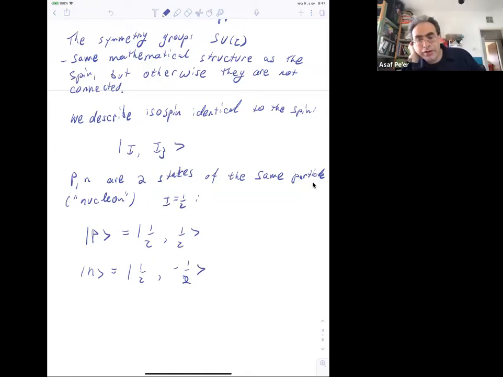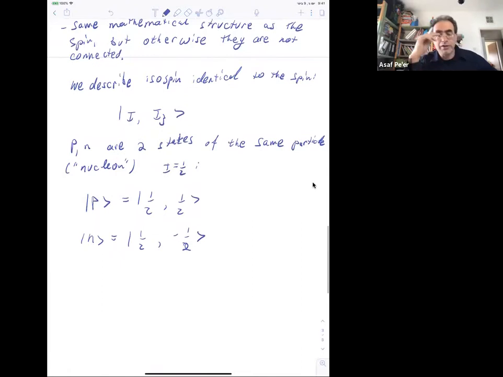Now, this was done before the discovery of the quarks. Initially people didn't know that the proton and neutron have internal structure, right? But when people discovered the quarks, it became clear that the symmetry between the proton and the neutron is identical to the symmetry that there is between the up and down quarks, right?